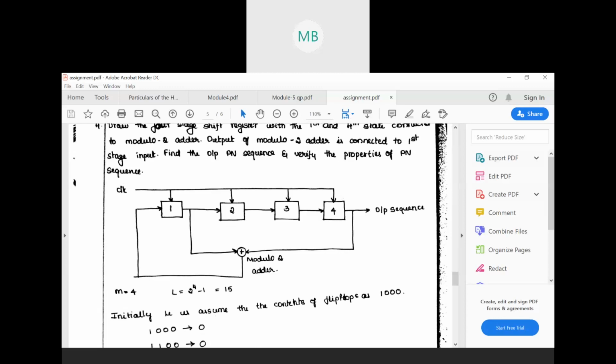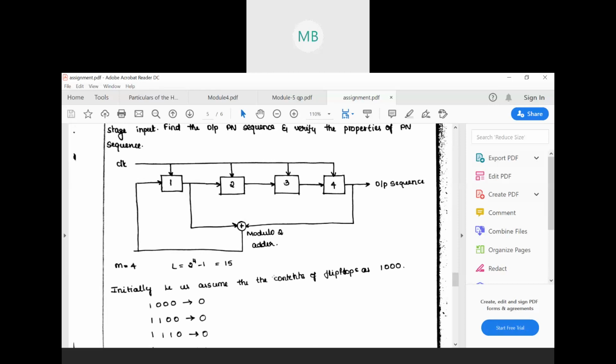So then you find what is the length of the PN sequence. What's the formula? L equal to 2 raised to m minus 1. Here there are 4 memory units. Therefore, length of the PN sequence is 2 raised to 4 minus 1, which is 15. After finding this sequence length, then you consider the initial state. Initial state is given here.